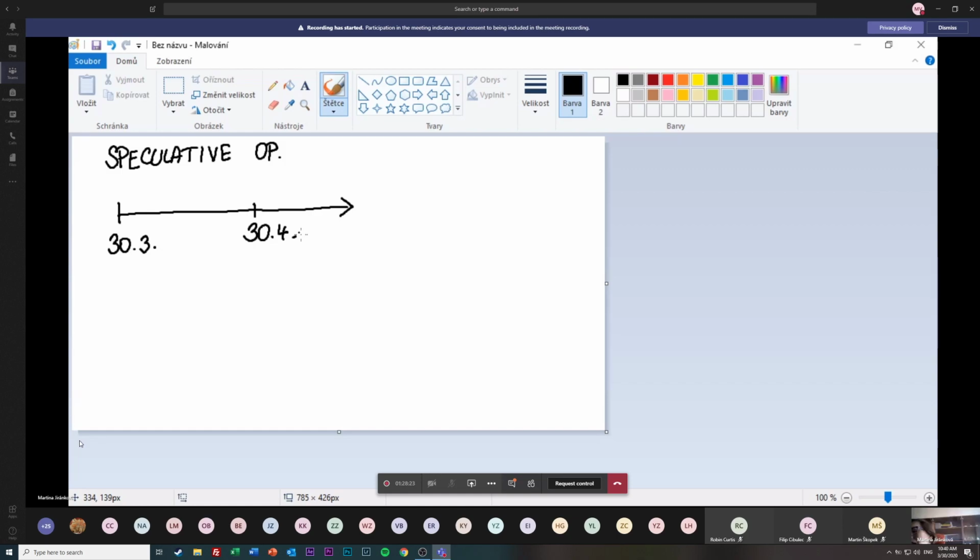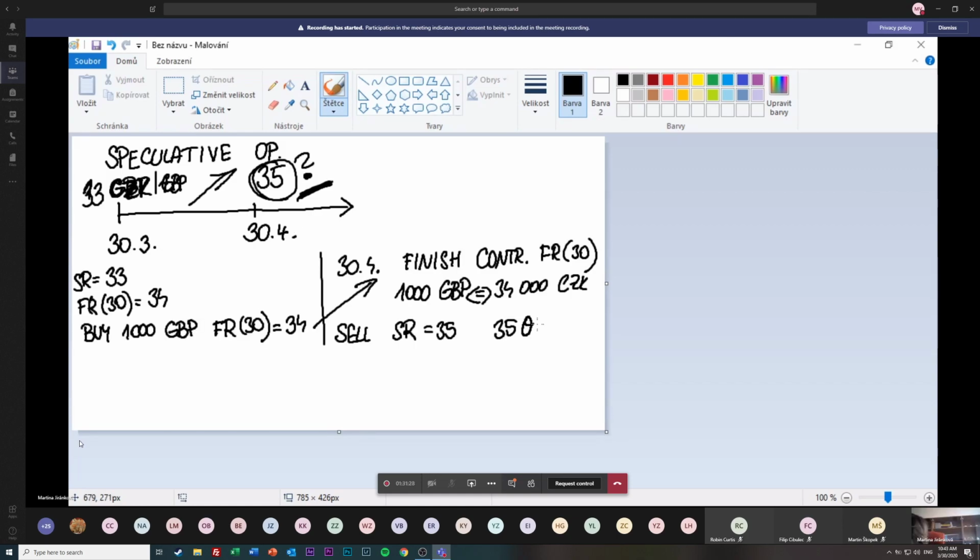So we are finishing this contract. And I will immediately sell these 1,000 pounds under the spot rate of 35. So now I will have 35,000 Czech crowns, and there is my profit, plus 1,000 Czech crowns.